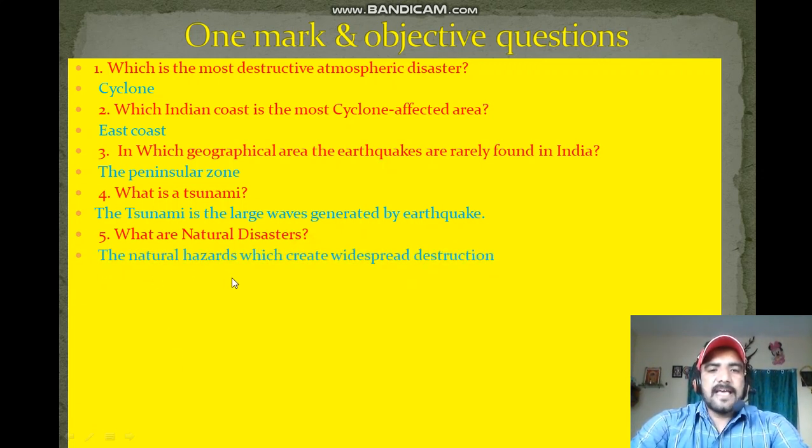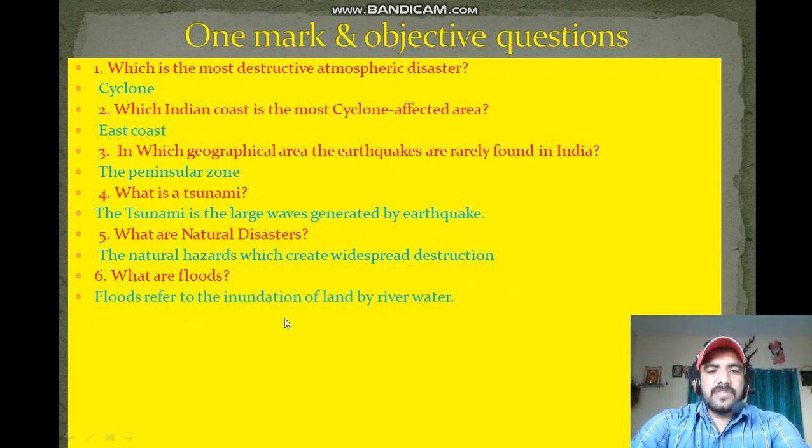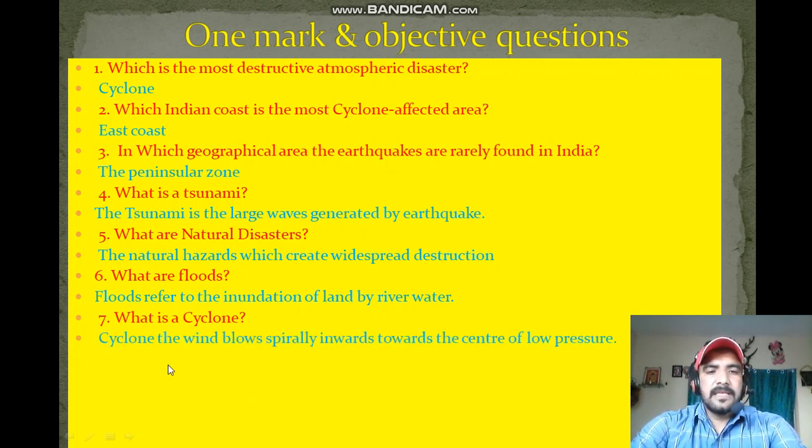The natural hazards which create widespread destruction are called natural disasters. Next, what are floods? Floods refer to the inundation of land by river water or the overflow of water. Next one, what is a cyclone? Cyclone means the wind blows spirally inwards towards the center of a low pressure area.